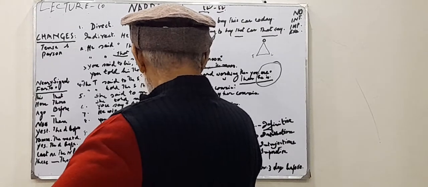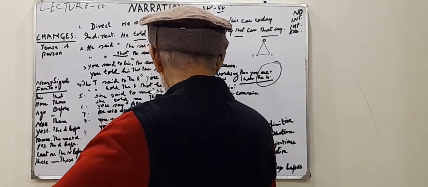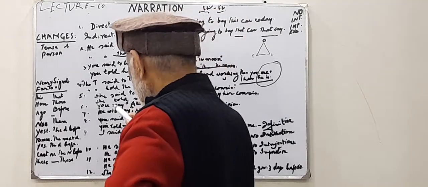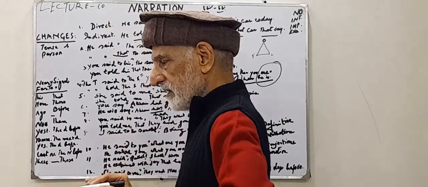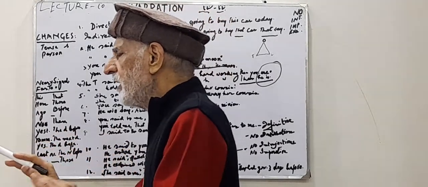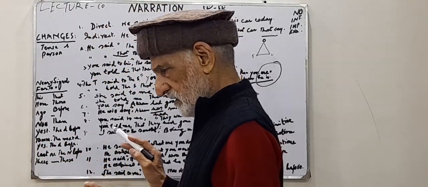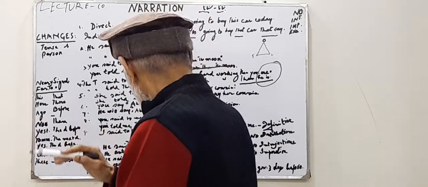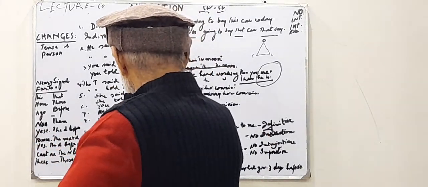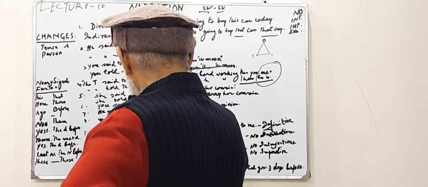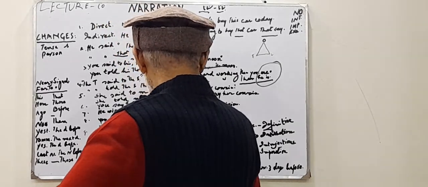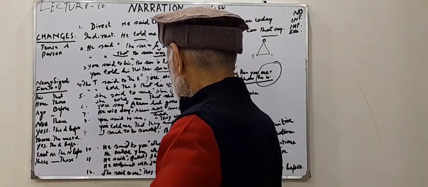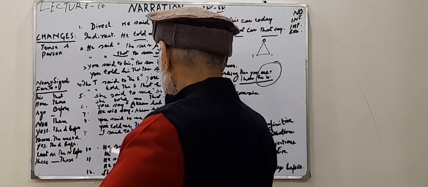You say Akram had gone home. When there is present or future outside, you will make no change in tense. They will remain as they are. He will say, Akram has succeeded in his mission. तो तुम क्या करोगे?